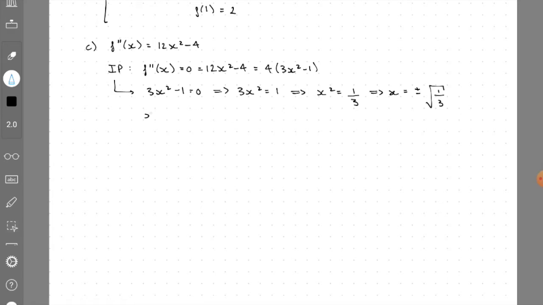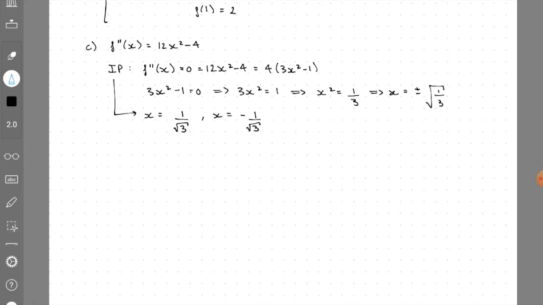So we have two answers, right? x is going to be equal to, we can rewrite this as 1 over square root of 3. And x is going to be equal to negative 1 over square root of 3. Okay, so those are going to be our inflection points right there. Inflection points are, remember, when concavity changes, either from positive to negative or negative to positive.